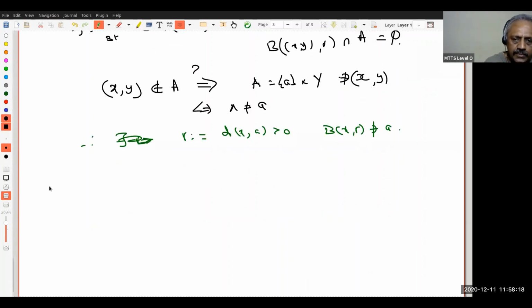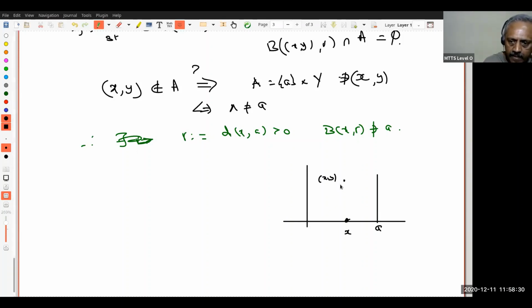Now what do I want to do? I want to find an open set which contains this, my (x, y). I want an open set. How do I do that? It's very easy. You will be surprised.